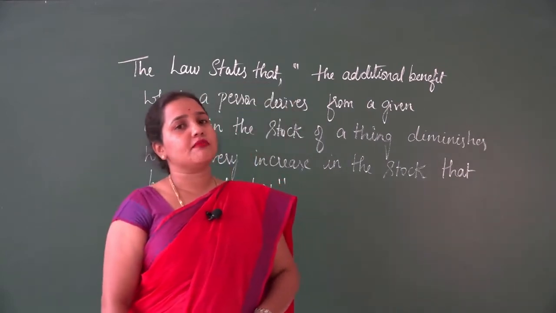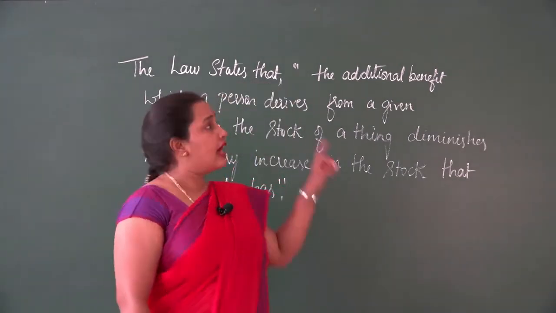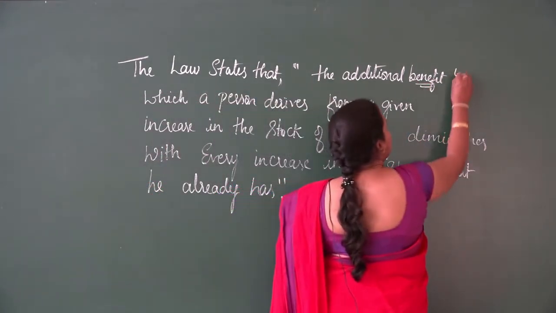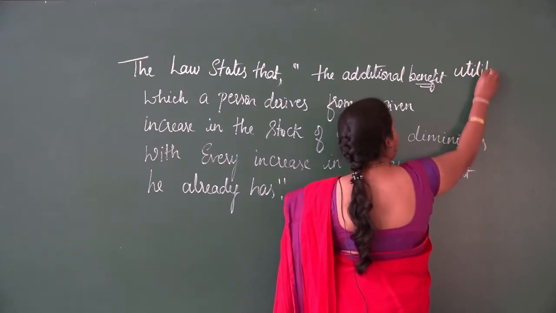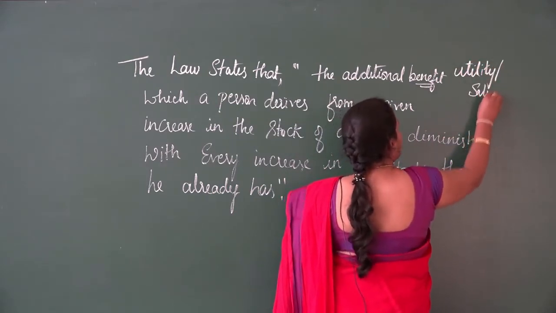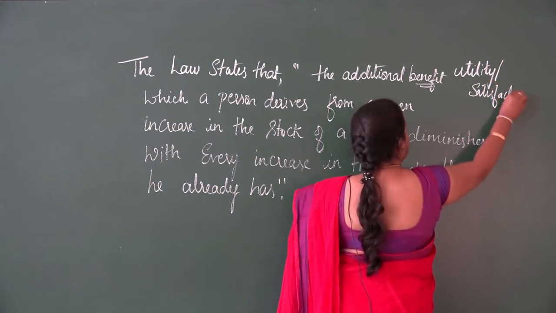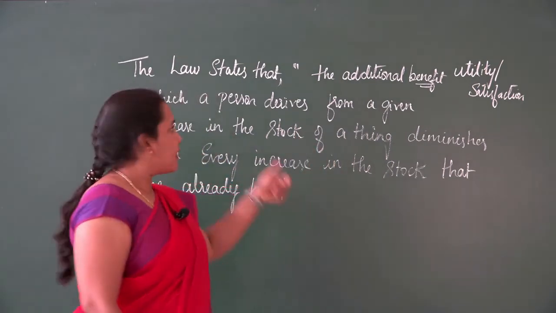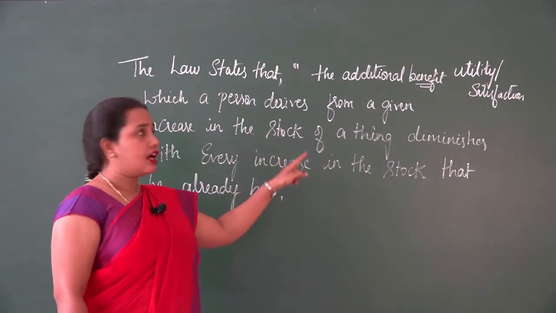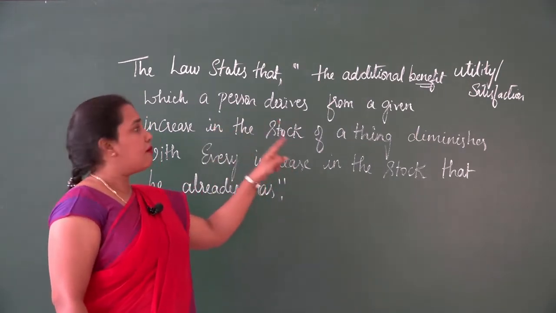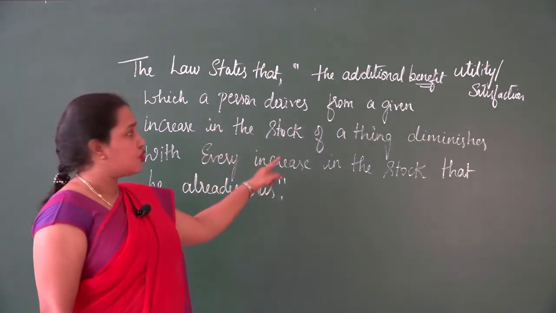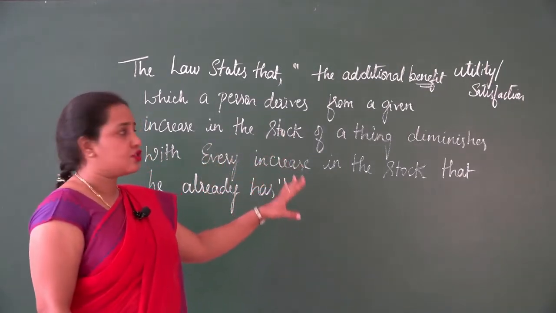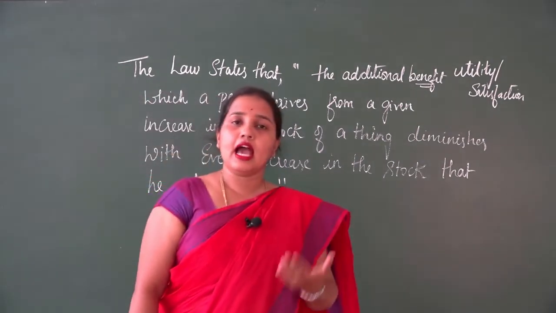Let us understand what the law of diminishing marginal utility states. The additional benefit, here the term benefit is utility, or you can also call it satisfaction, which a person gets from a given increase in the stock of a thing diminishes with every increase in the stock that he already has.